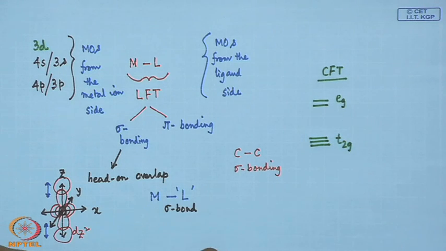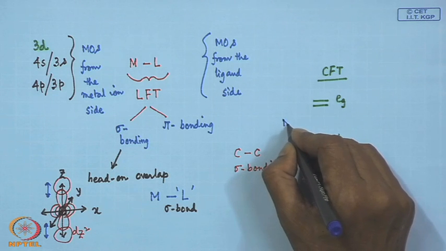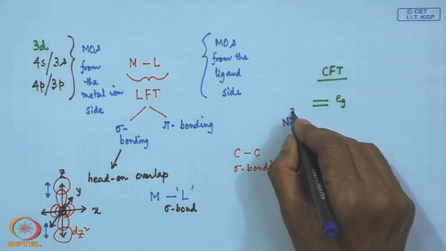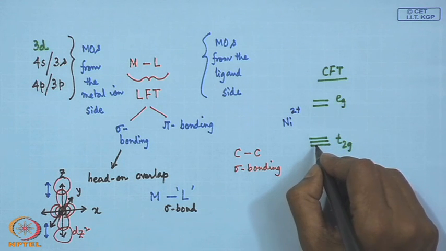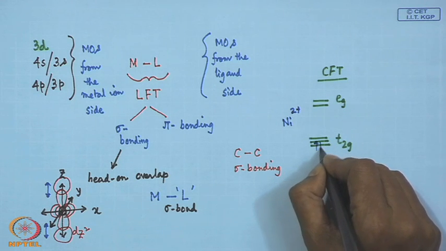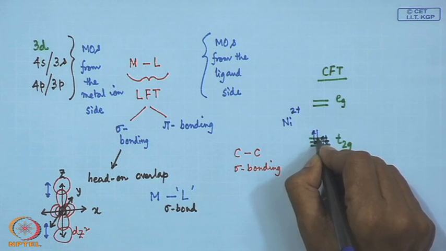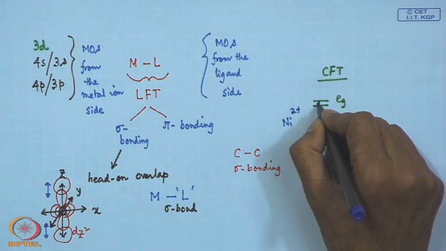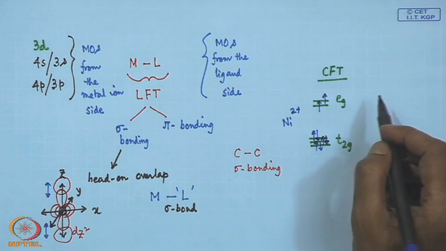There we have seen that if the metal ion is a 3d8 system, such as bivalent nickel 2 plus, it has 6 electrons in the T2g level and 2 electrons which remain unpaired in the Eg level.